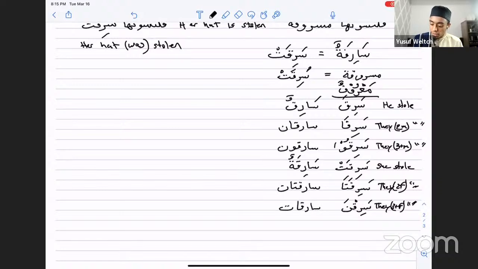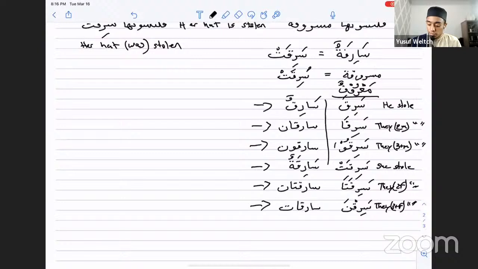All of these are active. So thief, 1 male thief, 2 male thieves, 3 or more male thieves, 1 female thief, 2 female thieves, 3 or more female thieves. Okay. What did we take out? We took out the tense. Okay.